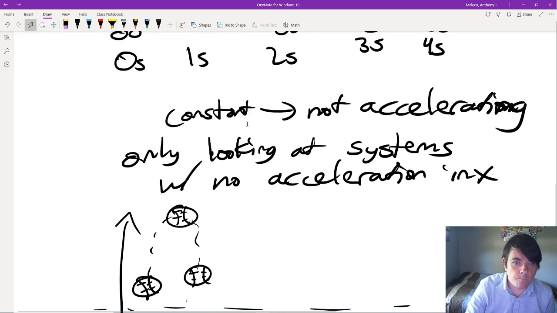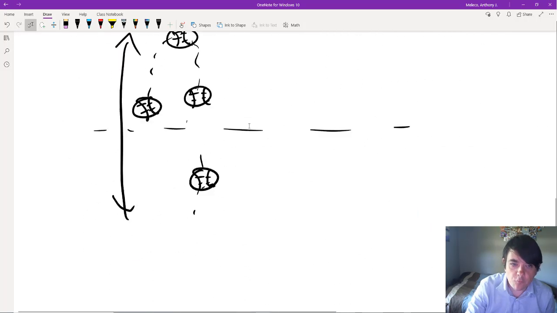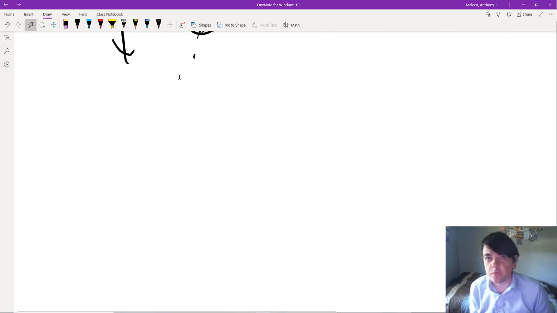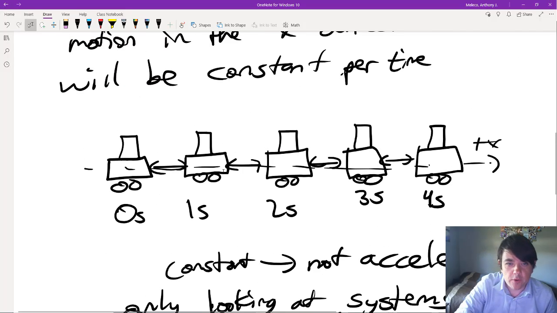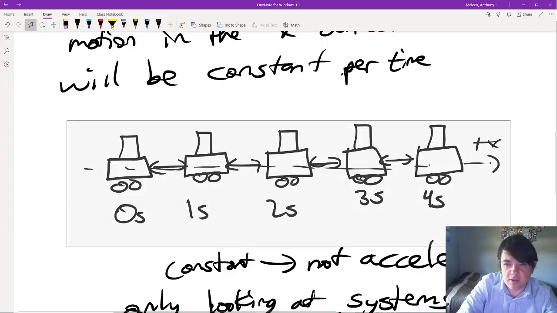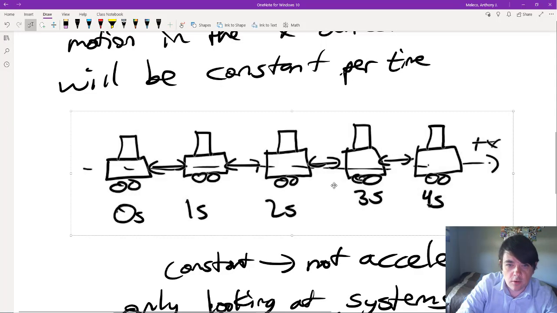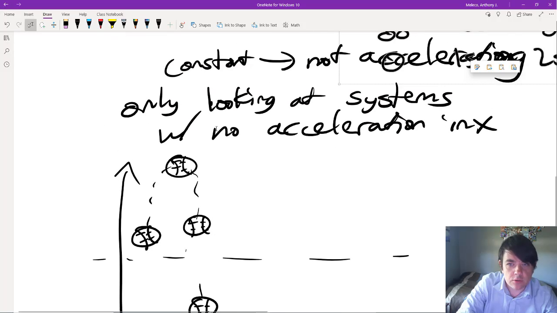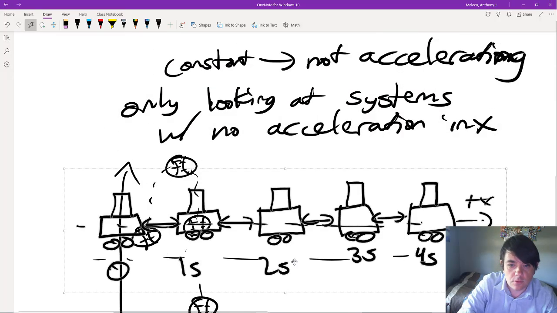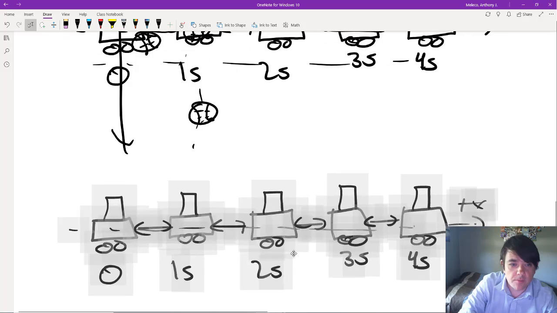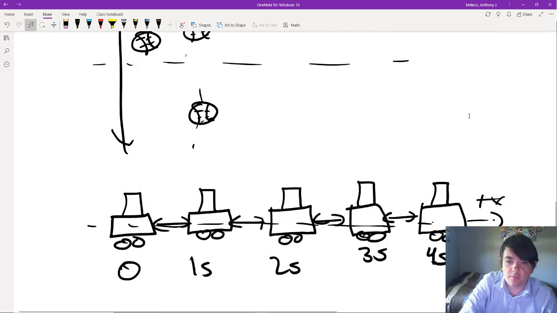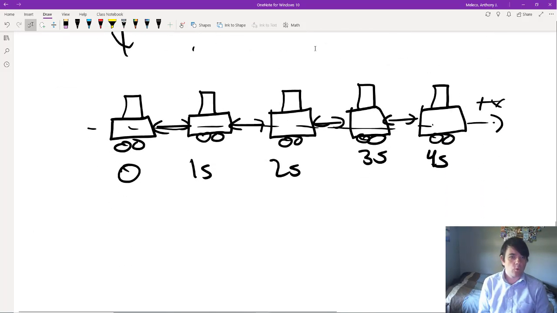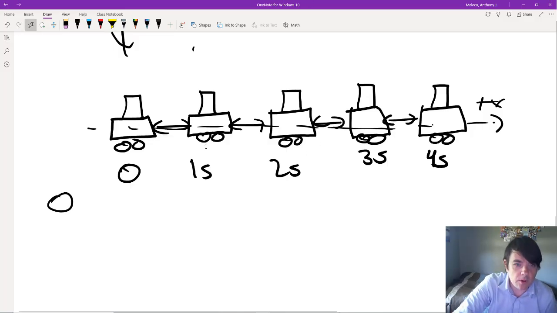Right now what we've done is we've kind of separated these things. But what if we were to actually combine them? If we were to combine the motion of this car with, say, the motion of a dropping ball?